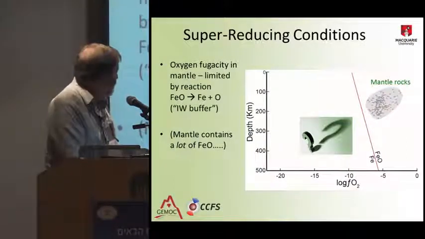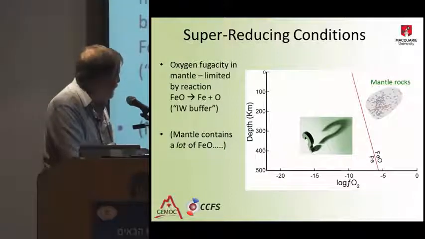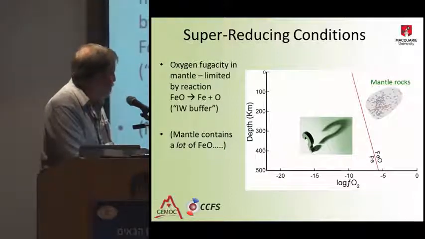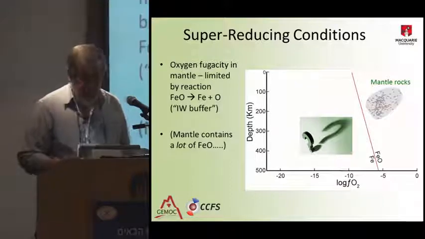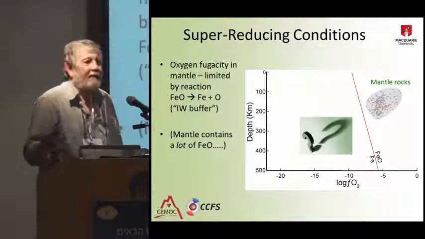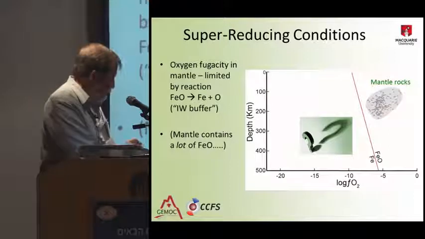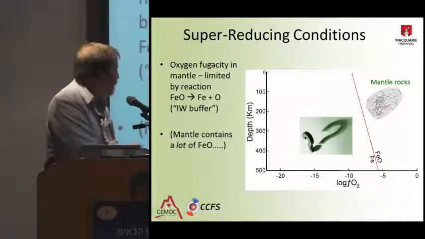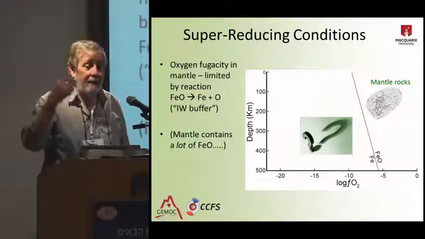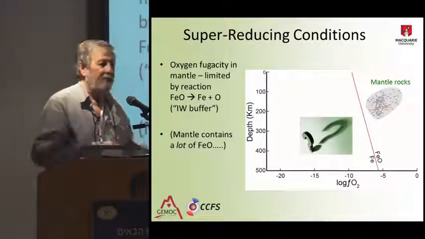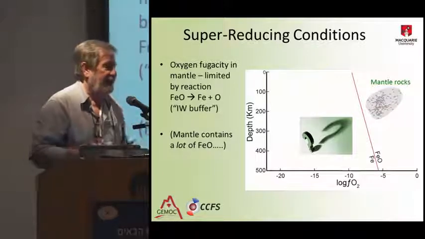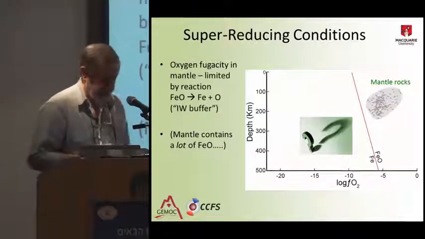The general wisdom, here's a field showing all of the estimates we have for mantle rocks, and they sort of bottom out at the iron-wüstite buffer here in terms of fO2. And so, what do you do with something that requires conditions that are way down here somewhere? There have been a number of rather strange arguments involving low temperature origin for these things or whatever, none of which seem to hold much water.